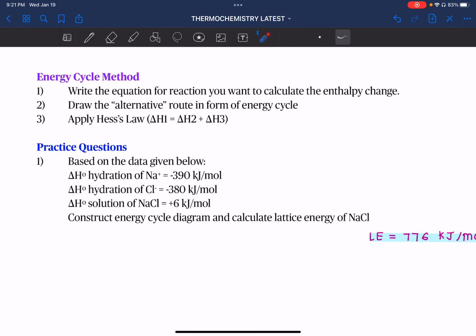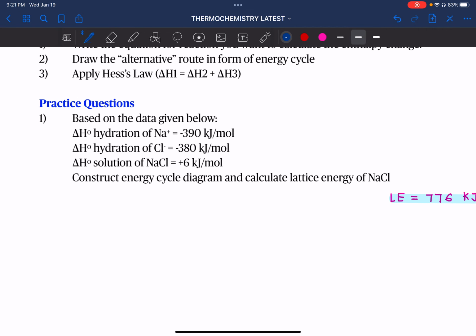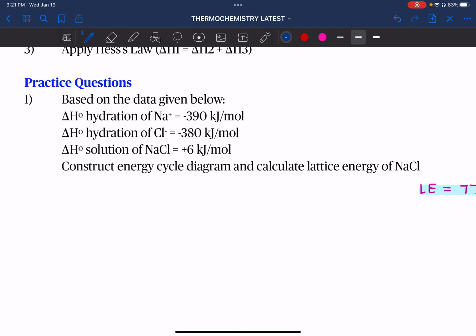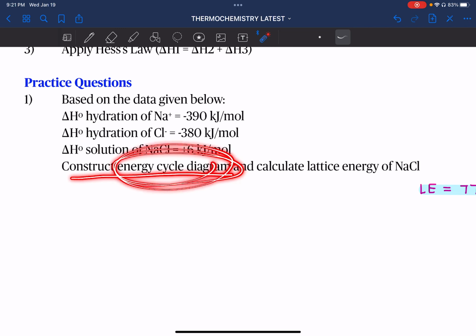Ada dua cara untuk kita kira enthalpy change. The first one is by using the energy cycle method. So for energy cycle method, madam pergi terus pada practice question. Based on the data below, the question gave you enthalpy of hydration and enthalpy of solution. Jangan panik. Tengok dulu dia nak apa. Construct energy cycle diagram and calculate lattice energy.